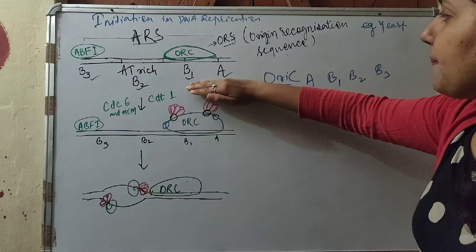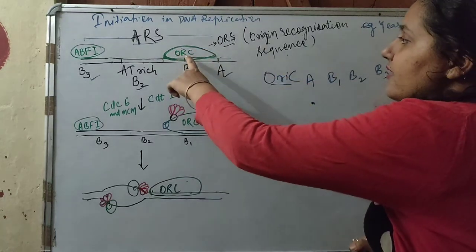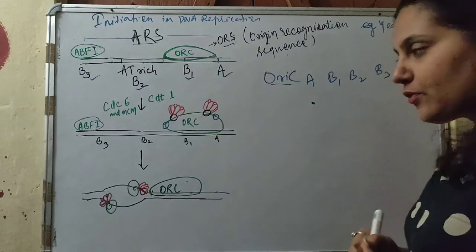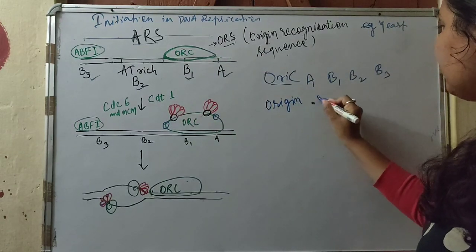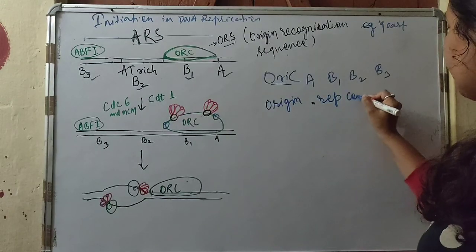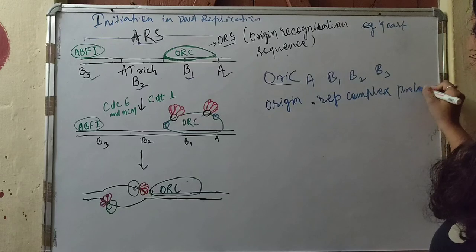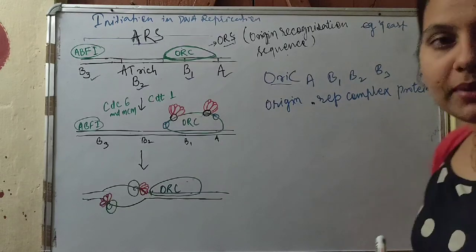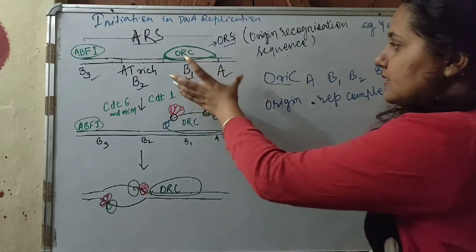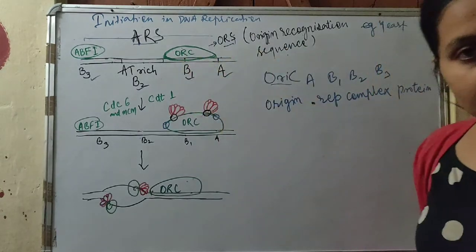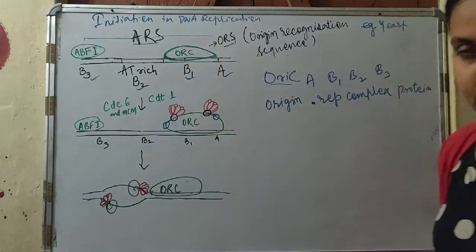Now first what happens is the ORC. ORC refers to origin recognition complex. It is a protein. The origin recognition complex protein will bind to ORS, that is, in this particular region. First ORC will bind to ORS.